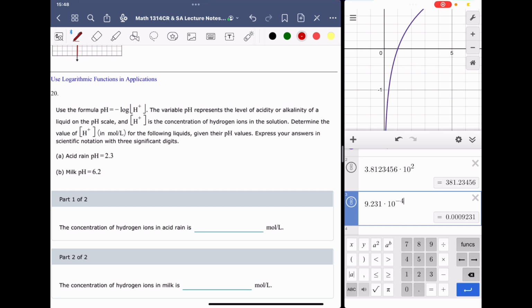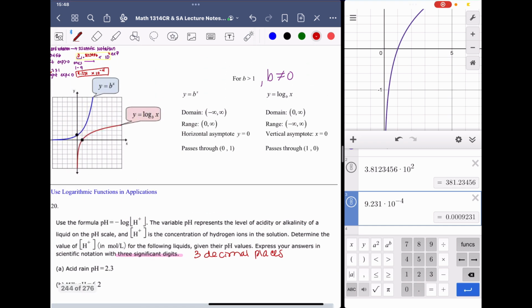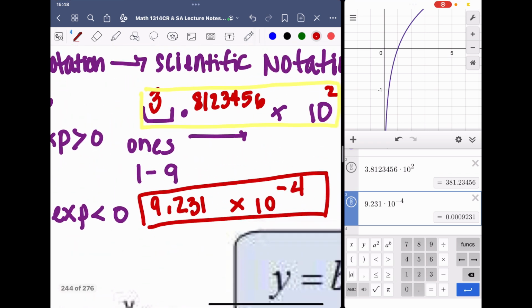Express your answers in scientific notation with 3 significant digits. This right here, in this case, means 3 decimal places of our scientific notation. So that would be an ideal solution.